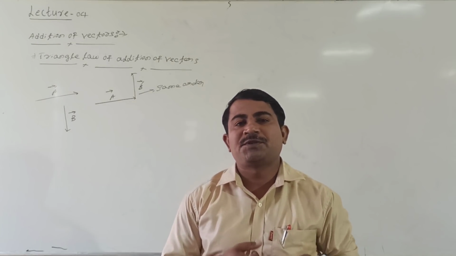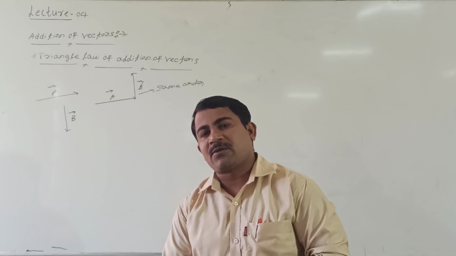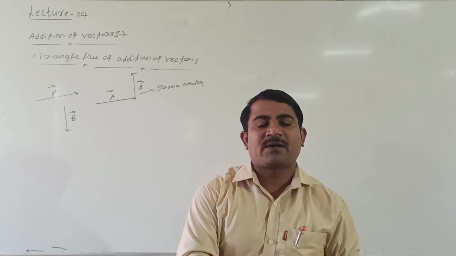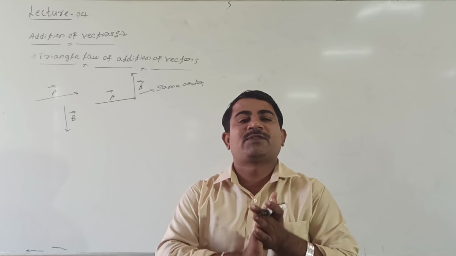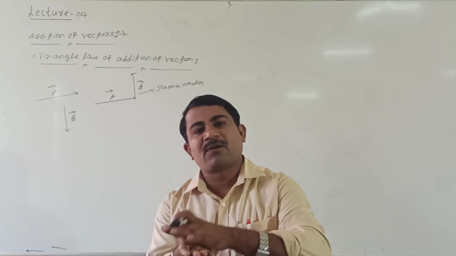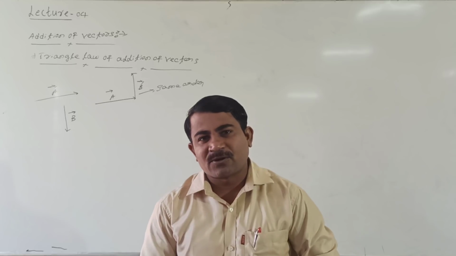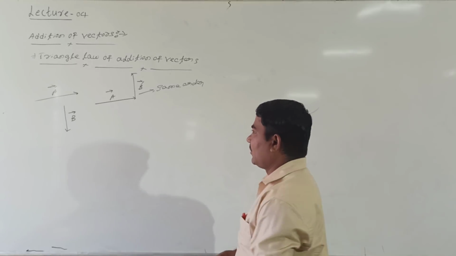Reverse order or opposite order means the head of one vector coincides with the head of the other vector, or the tail of one vector coincides with the tail of the other vector. This we are calling reverse order. How does the reverse order look?